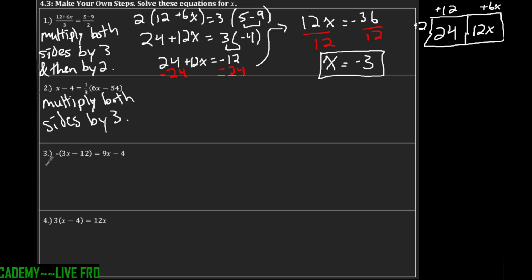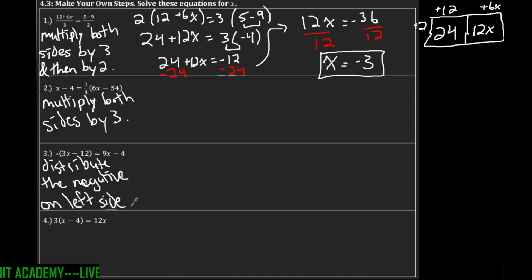Your first step for number 3 is going to be distribute, meaning multiply, the negative on the left side. And similarly, for number 4, we distribute the 3 on the left side.